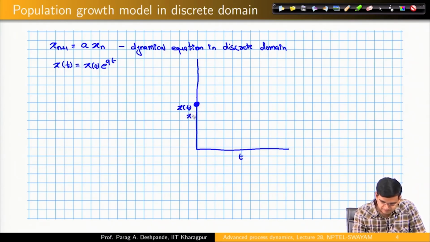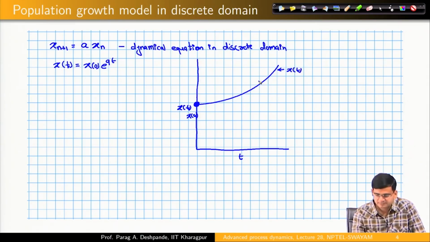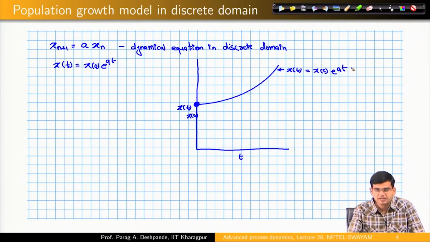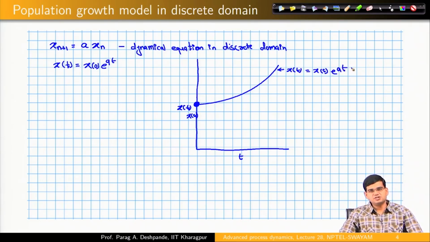If this is x 0, then this would be your x of t is equal to x 0 e to the power a t. The growth factor has been considered to be positive. So, therefore, you will see a growth or increasing behavior with time.